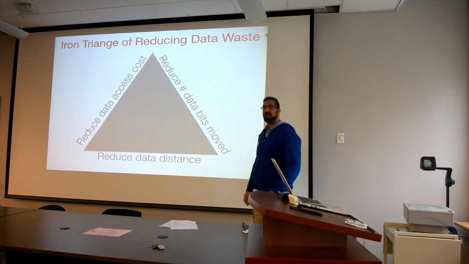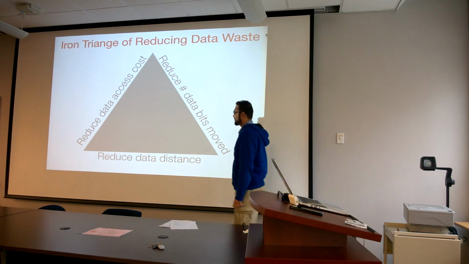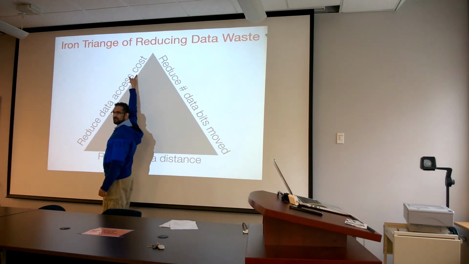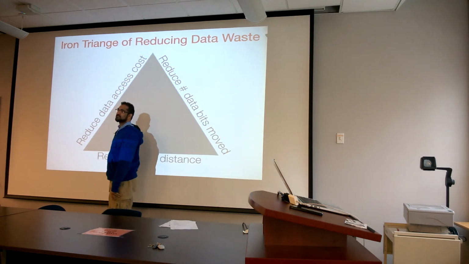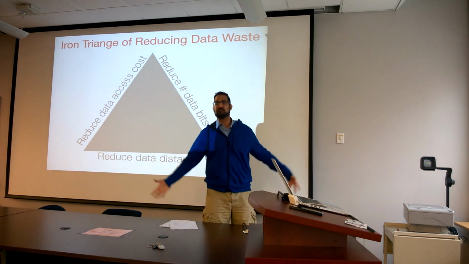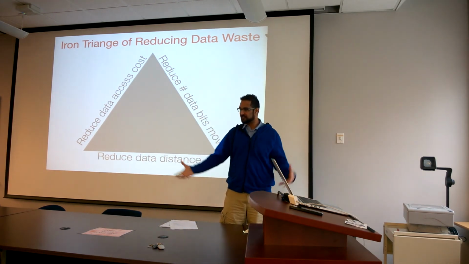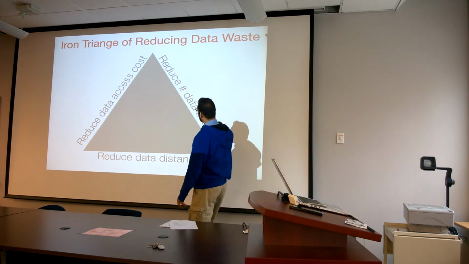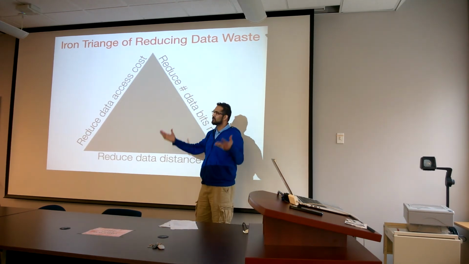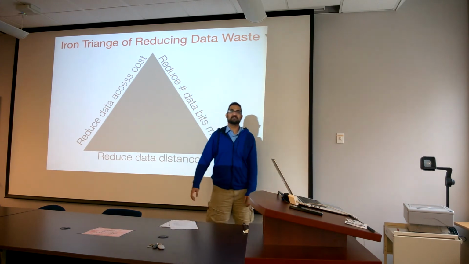So we go about reducing data waste. How? We reduce data access cost, right? Newer caches, specialized caches where we cache exactly what the programmer needs and not anything more, right? So more efficient caches. We reduce the number of bits moved. We have designed special communication protocols.